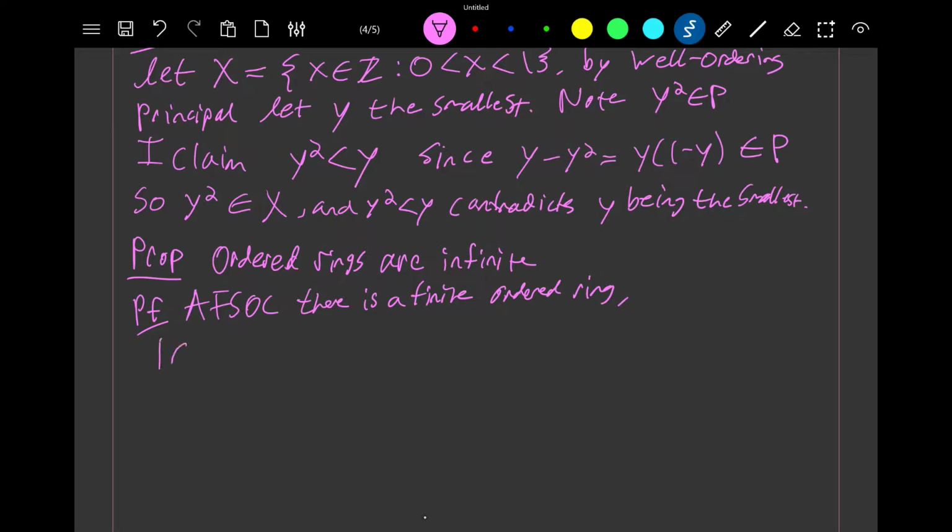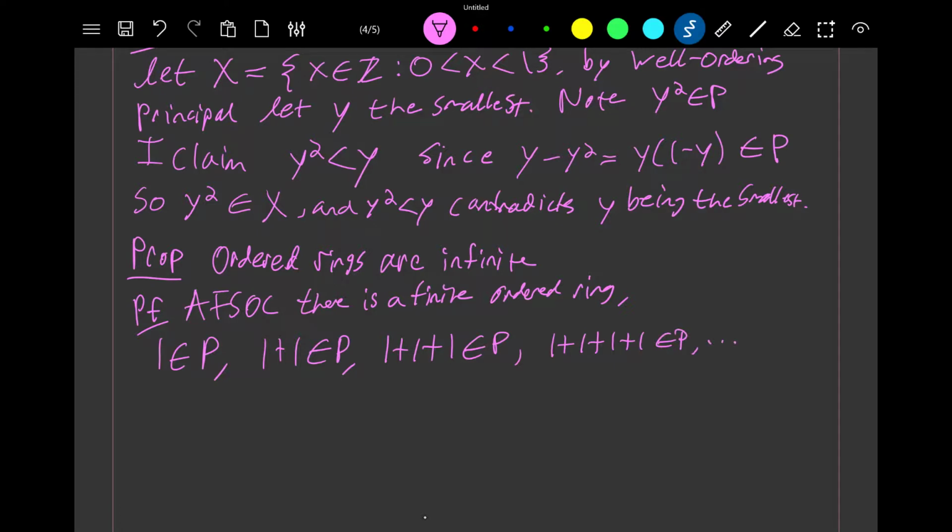We know 1 is positive, right? So what happens if we consider what is 1 plus 1? So we have 1 plus 1 is also positive, but so is 1 plus 1 plus 1. That's also positive. And 1 plus 1 plus 1 plus 1. This is also positive. And you keep going.